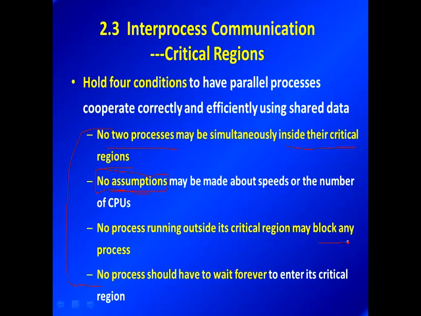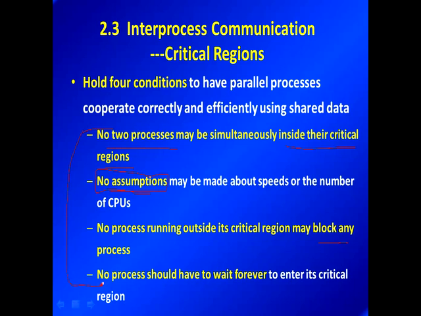You know what I mean? It's literally what this sentence says. If this process is outside its critical region, it cannot block any other processes. It cannot forbid any other processes from getting in their own critical regions.